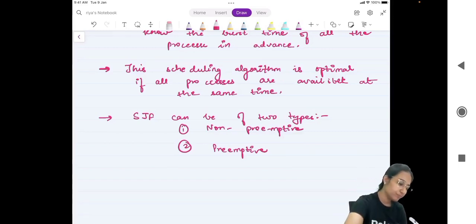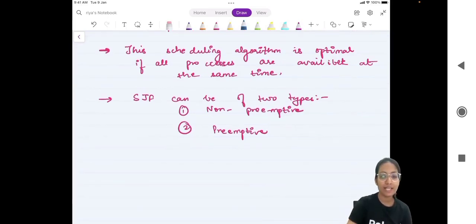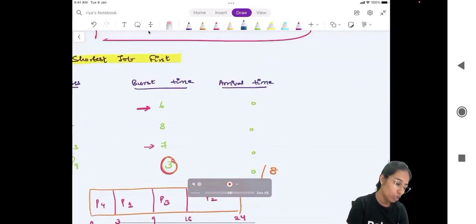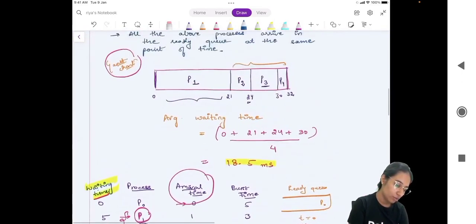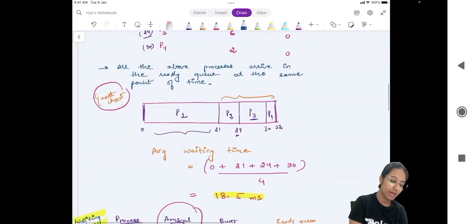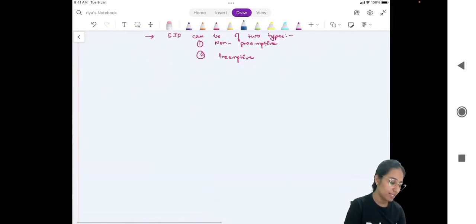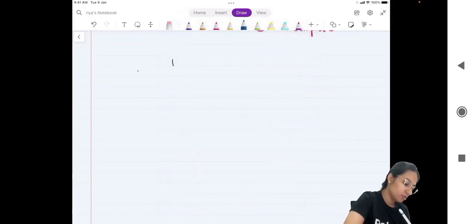Let's also take the same example we took earlier to compare the waiting time. You remember we took this example for processes P1, P2, P3, P4, and the waiting time using first come first serve came out to be 18.5. Let's see what the output comes to if we are using shortest job first.